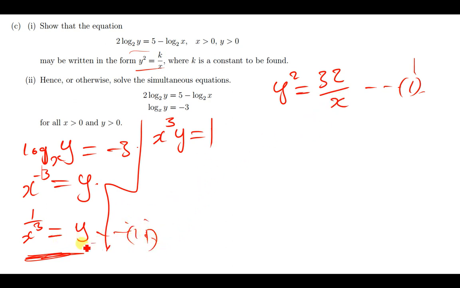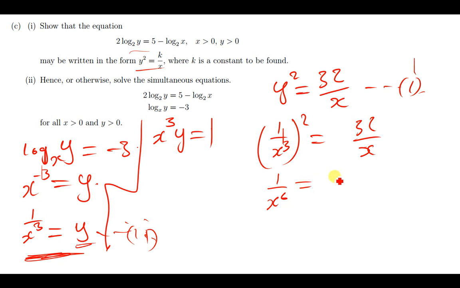Then we replace, while there is y, we put 1 over x to the power 3. So we have 1 over x to the power 3 there, squared is equal to 32 over x. So this one will just give us 1 over x to the power 6 is equal to 32 over x.